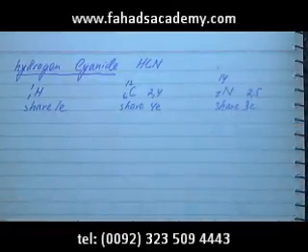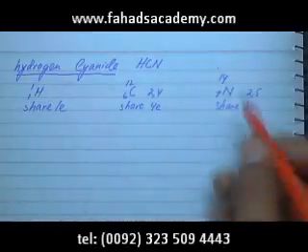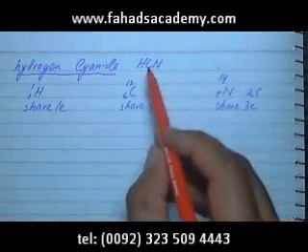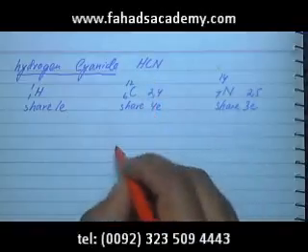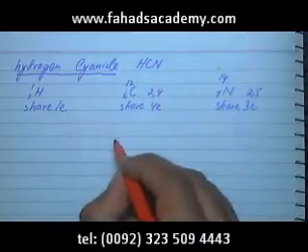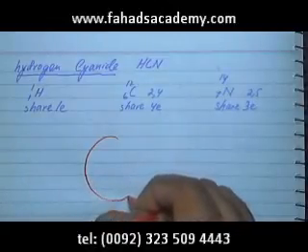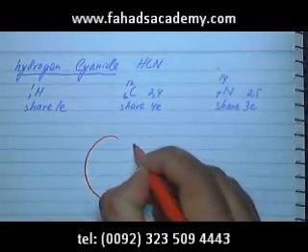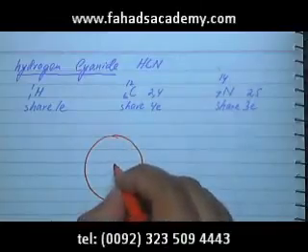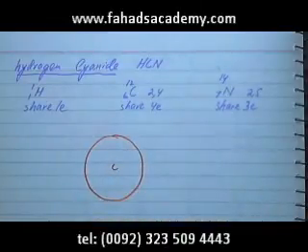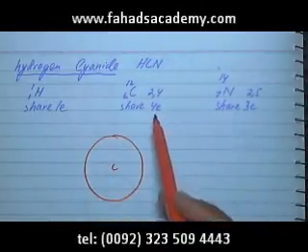Now we have these 3 atoms with us. And remember, HCN just has, there's only one H. So let's start off with the carbon in the center. I'm drawing a carbon atom. So this is carbon, and carbon wants to share 4 electrons.